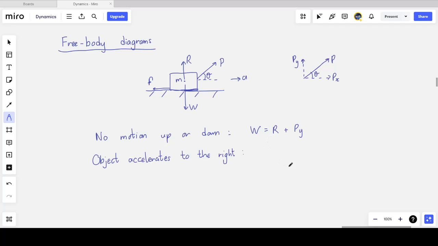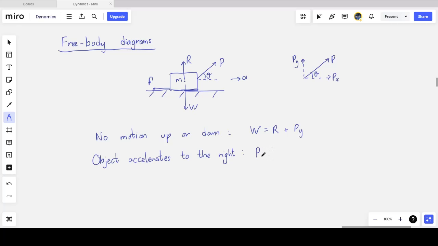So the weight is being matched by the upward pull of P and the reaction force R. And so there's no motion up and down, so we can equate those forces. So I've set up an equation just by looking at the problem. This is how we get mathematics from conceptualization.